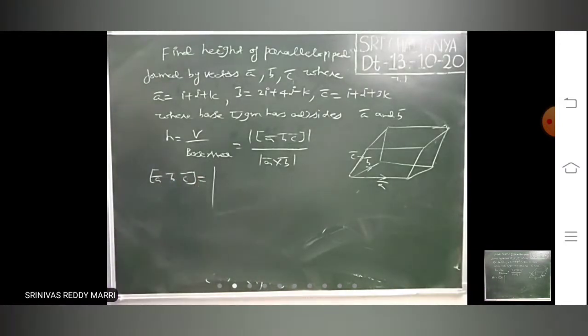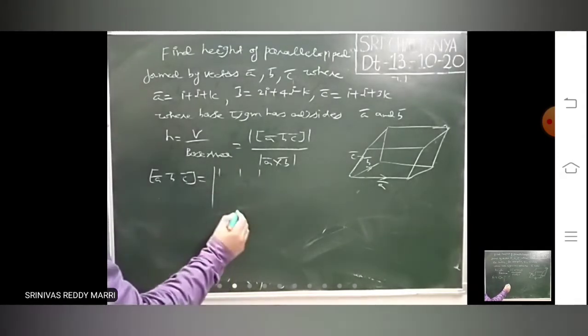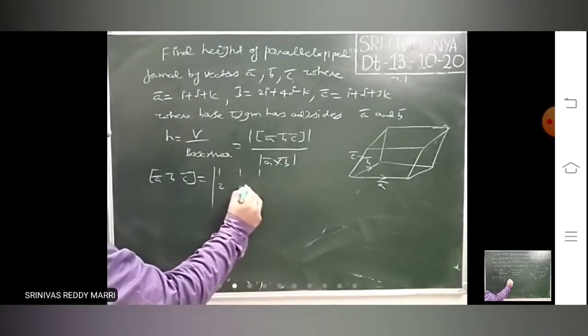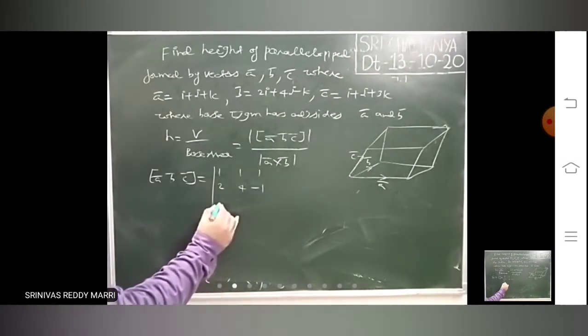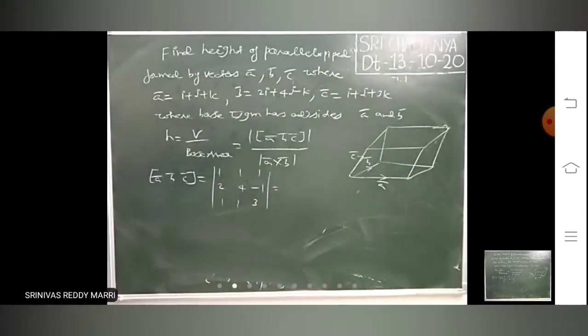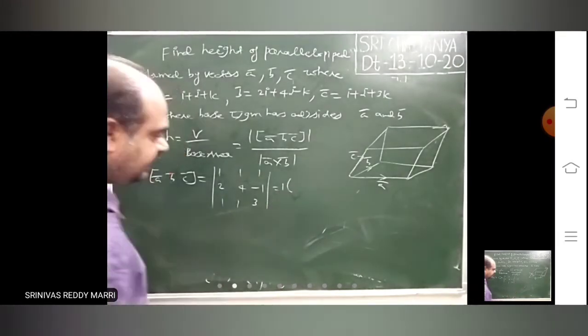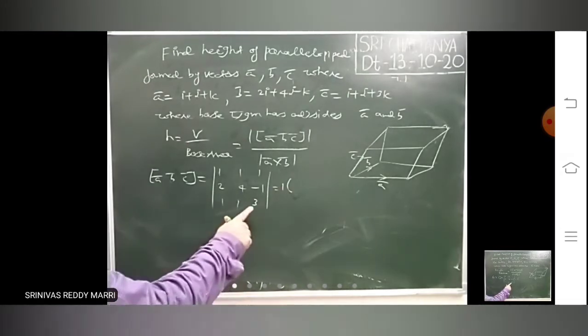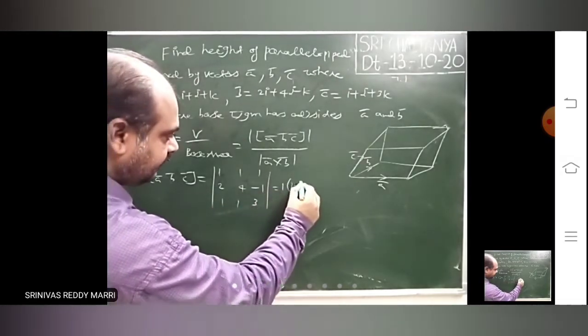The volume is nothing but the determinant 1, 1, 1, 2, 4, minus 1, 1, 1, 3. So this is the box of ABC. So 1 into 12 plus 1, 13.